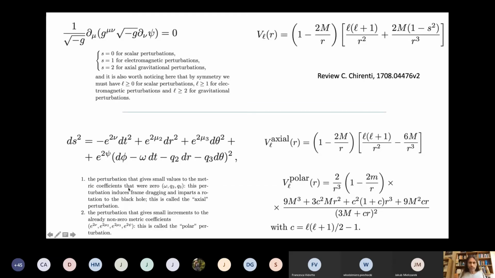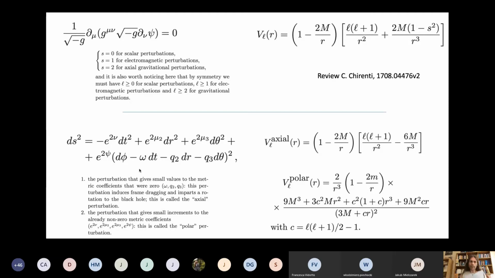And then you can immediately see that there are two kinds of perturbations. There are perturbations that give small values to the metric coefficients that were initially zero in the Schwarzschild solution. So this is omega, q2, and q3.